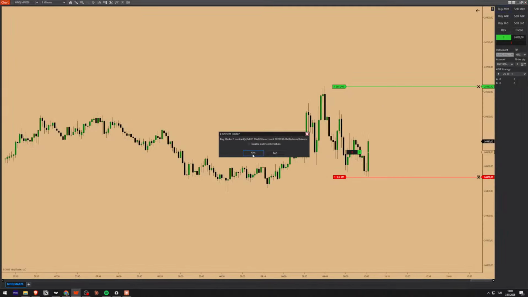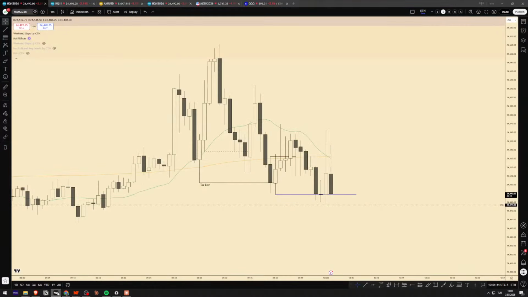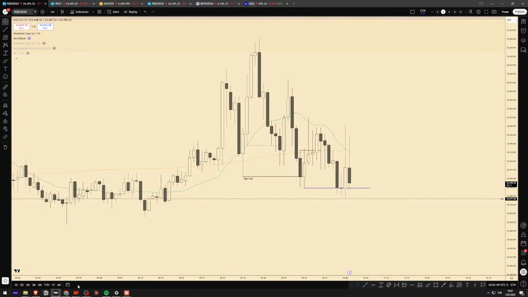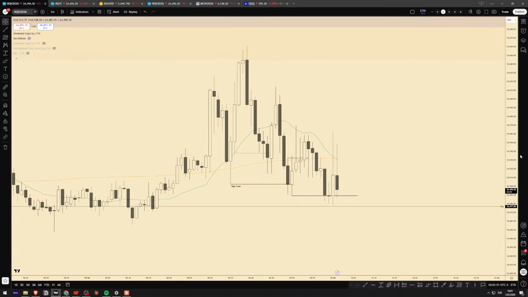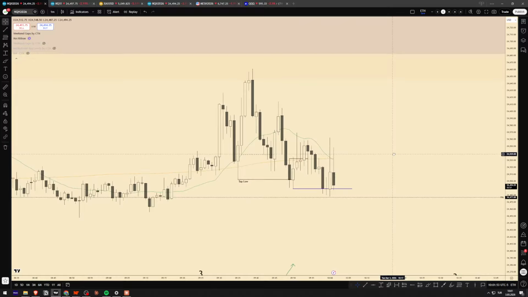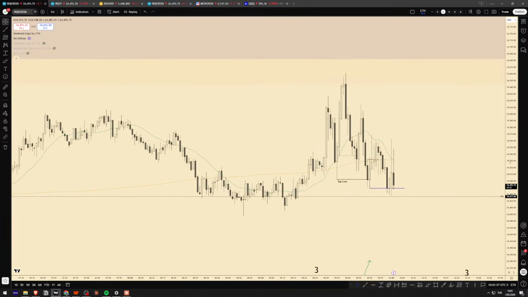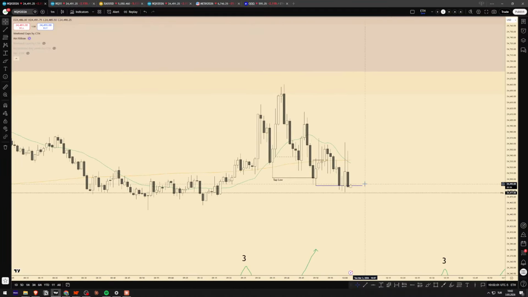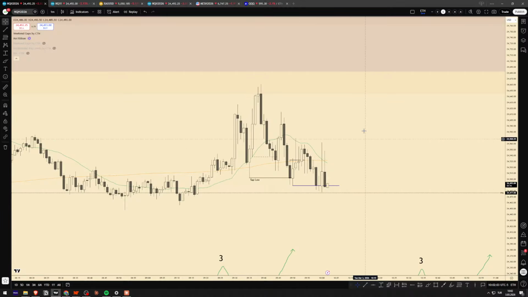I will add another one. If this takes out the stop loss, it will be a small loss, and I will keep watching the price. This was a mean reversion trade idea, not just an SPS, but also a mean reversion. I mean, I bet on price reversing back higher above this.